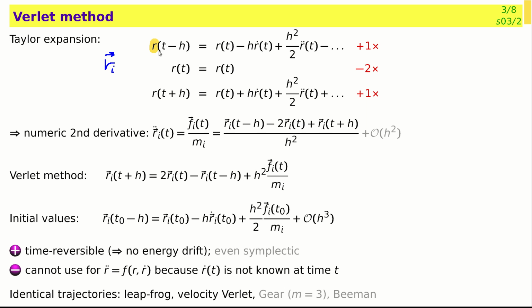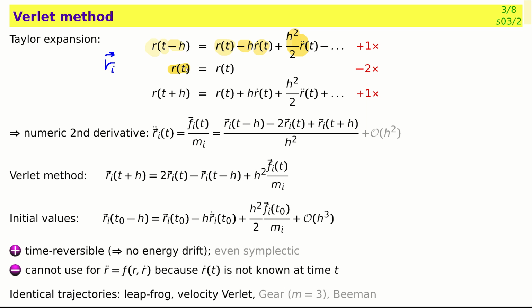That is, the position of the atom at time t minus the time step can be expanded using the Taylor expansion to the position at time t minus, we have minus h here, the velocity times the time step plus the second order term, and at this moment I will neglect all higher terms.